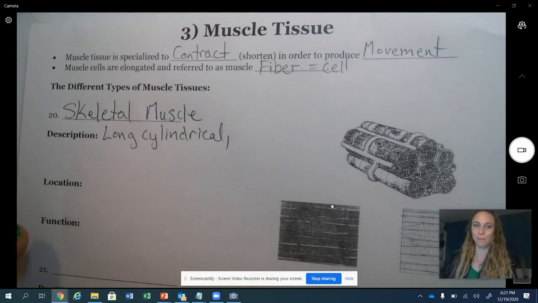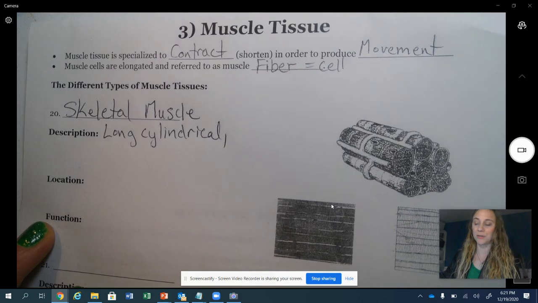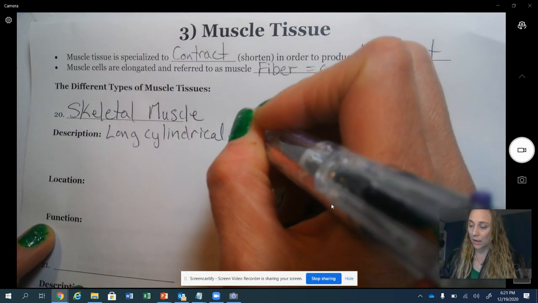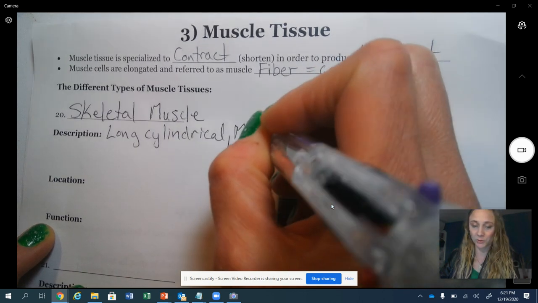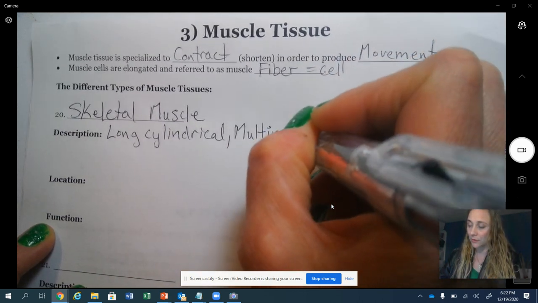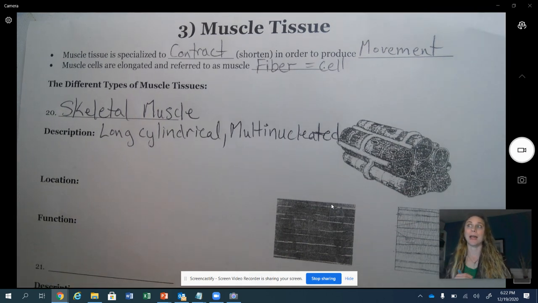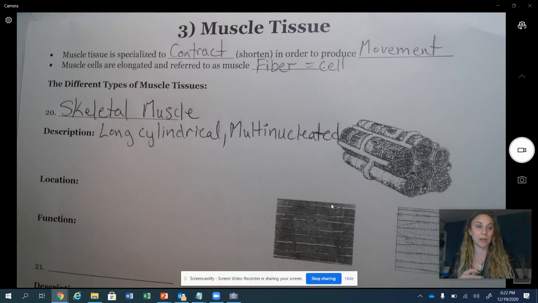So it has multiple nuclei in the cell. In fact, they don't really do regular mitosis. It goes through the steps of mitosis, but it leaves out cytokinesis. So they stay connected. And that's good because you want the whole muscle to contract. You want to make sure that they're sharing that contraction signal down the muscle fibers.